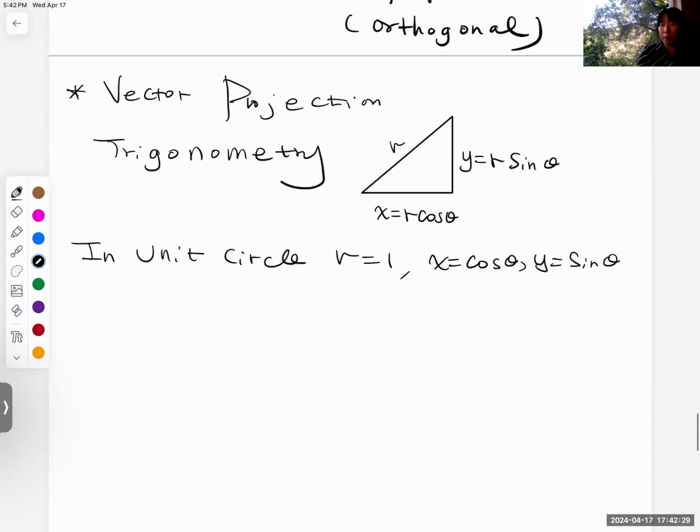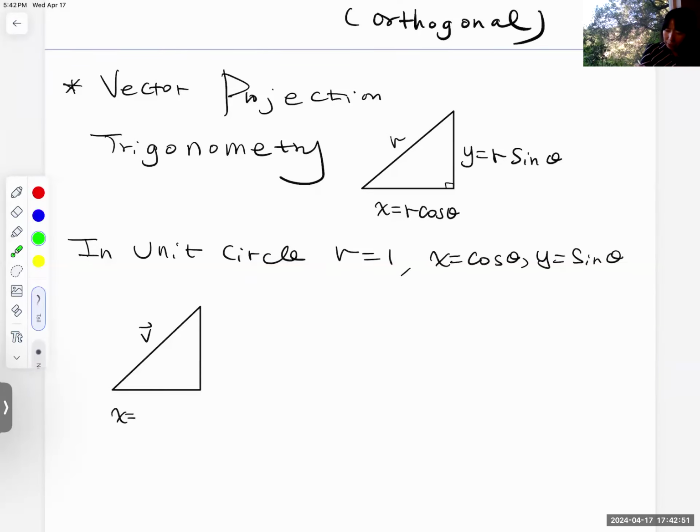Okay, then in linear algebra, what we do, instead of R, we make a vector. So that would be V. Then x equals R cosine theta, so we are using V cosine theta, right?